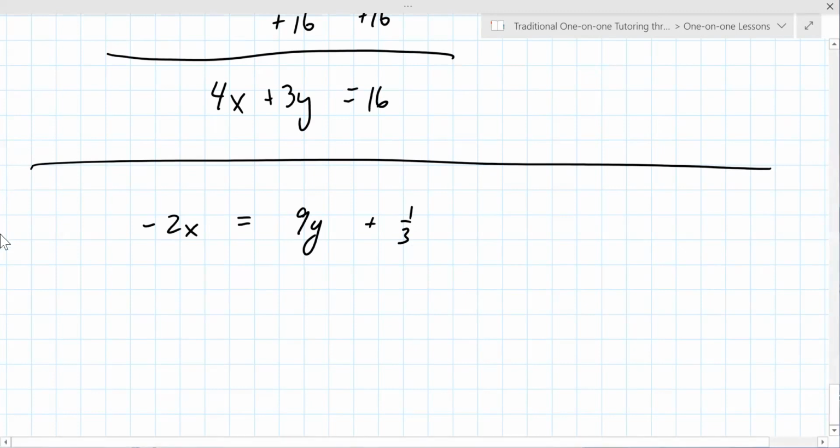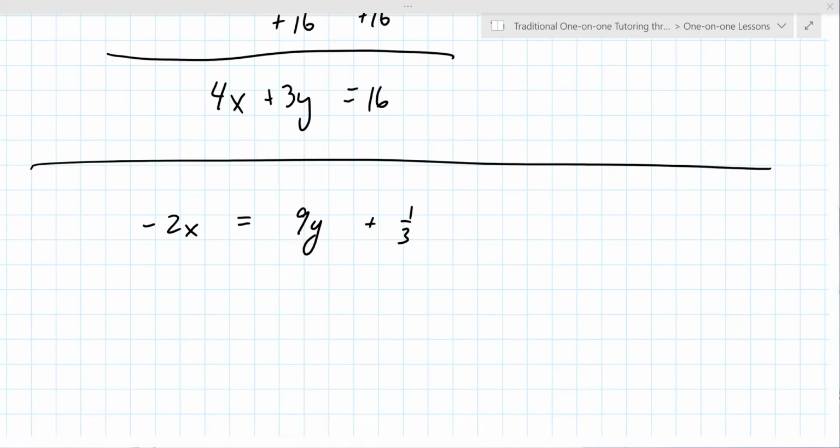Is this in standard form? Let me just check. No, it is not. So first thing is that x and y are not on the same side.